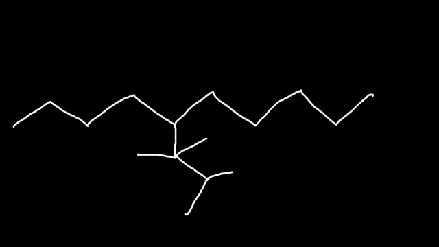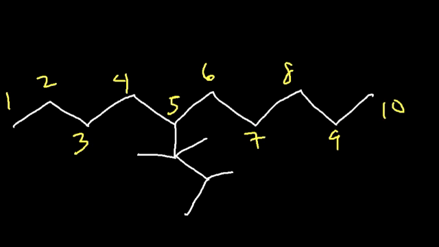What about that one? Go ahead and pause the video and name it. So let's count the longest chain. We can also count it this way, 6, 7, 8, but that's not going to be the longest chain. So let's name the complex substituent. So it's propyl again, but this time we have 2 methyls on 1 and a methyl on 2.